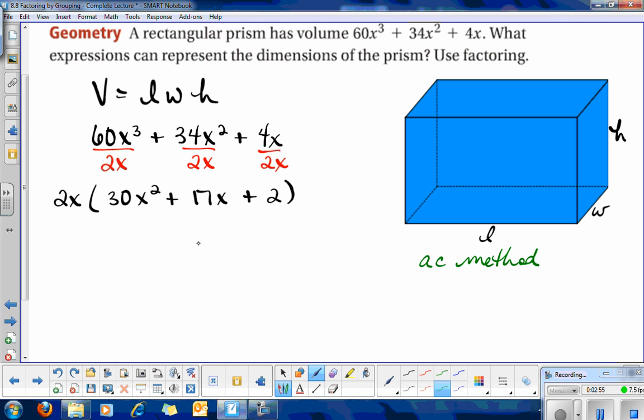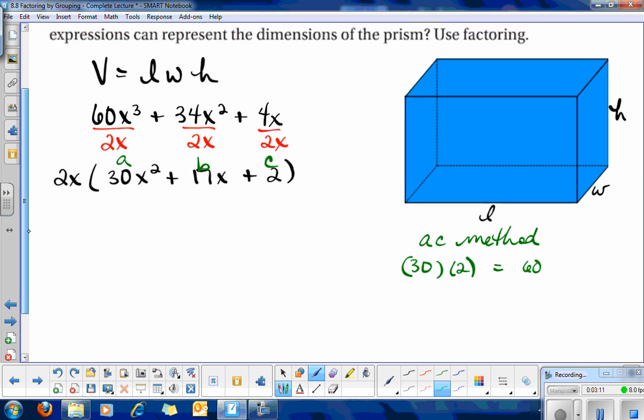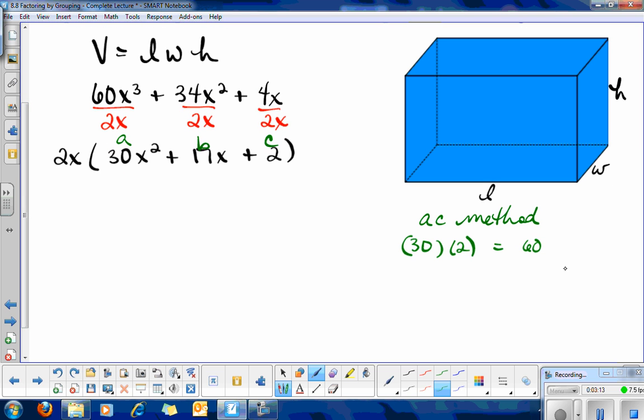Okay, so this again says ax squared plus bx plus c. So we're going to take the 30 times 2, and that's going to be 60. So that is what we're going to find our factors for.